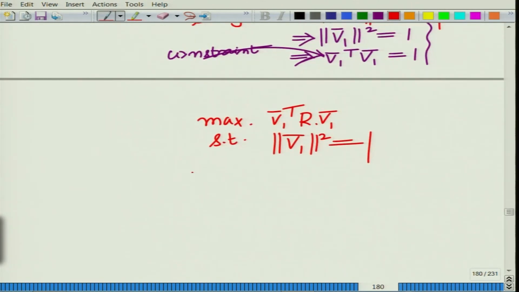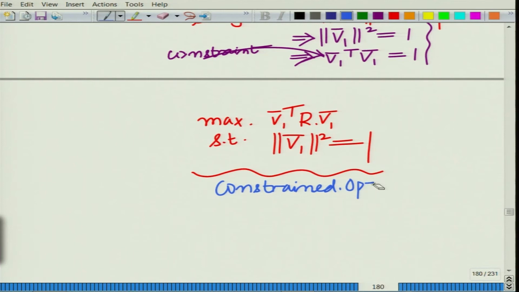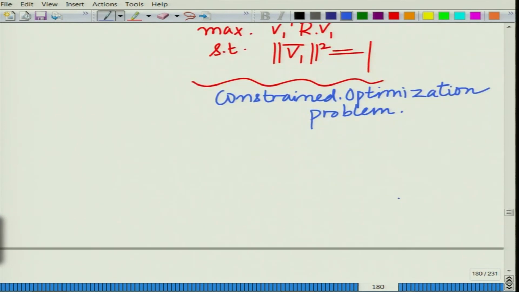This is essentially what we are calling a constrained optimization problem, and we can solve this using the KKT condition.